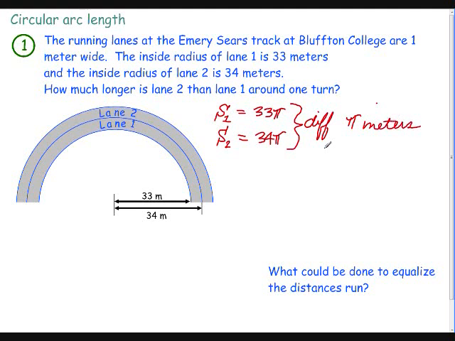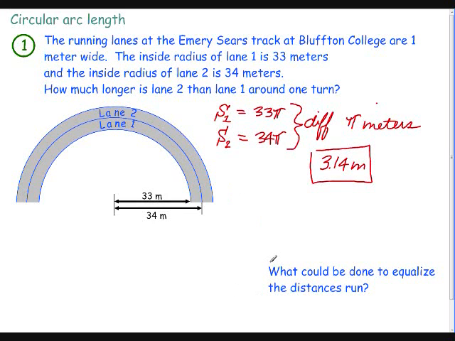Now, if you were talking to the track designer, I don't think you'd want to tell them pi meters. You would say 3.14 meters. So whoever gets lane 2 actually has to run, that's significant, isn't it? 3.14 meters longer, further than whoever gets lane 1.